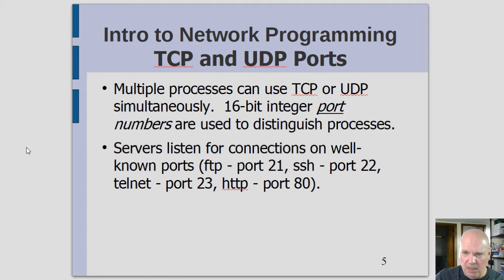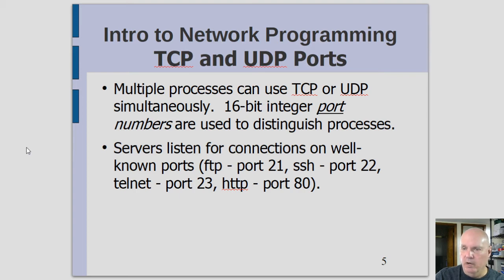Now, these well-known port numbers are port number assignments below 1024, and on Unix systems, you actually can't just arbitrarily listen on a well-known port. You have to have administrative privileges to listen on a port number that's below 1024.